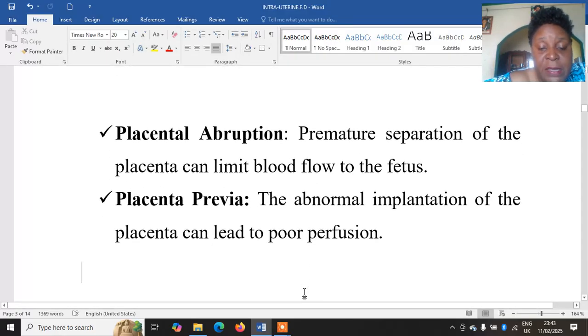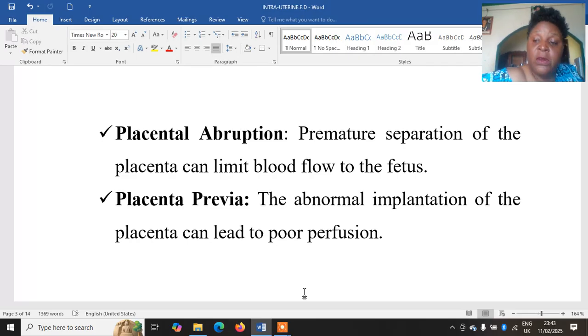So then we have placenta abruption. Placenta abruption is the premature separation of the placenta that can limit the blood flow to the fetus. All of us know that the placenta normally attaches at the fundus or above in the upper segment of the uterus, and this area where it attaches is very good for placental diffusion.